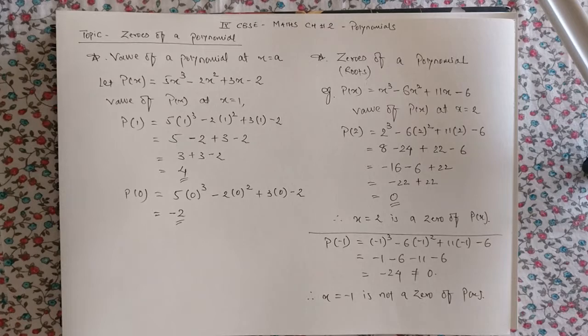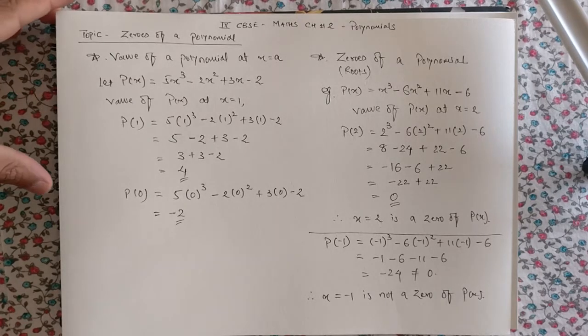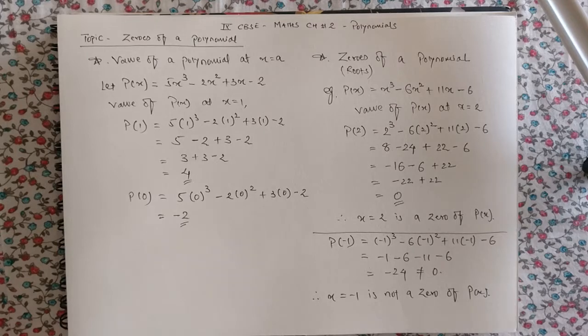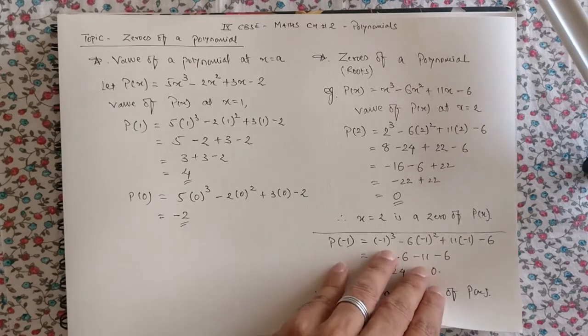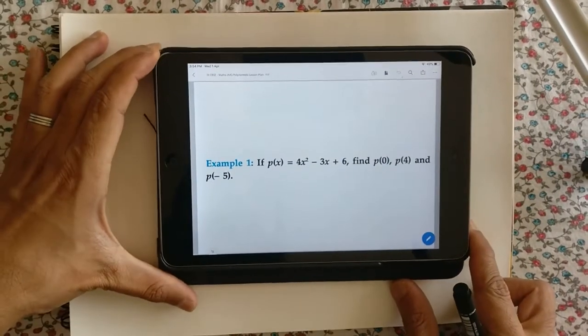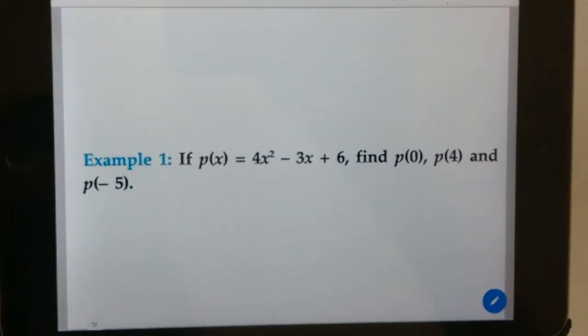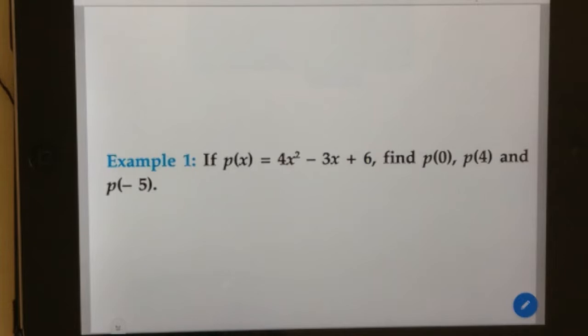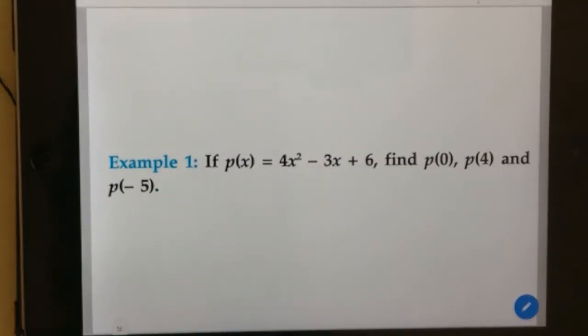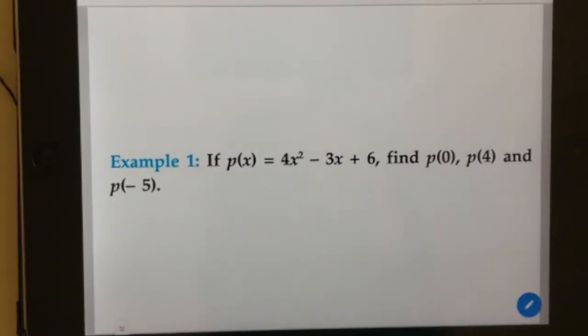So this is all about the value of a polynomial at a certain value of x and zeros of a polynomial. Let's do some examples. Some examples I would want you to try before I show them to you. So if p of x is 4x square minus 3x plus 6, find p of 0, p of 4 and p of -5.